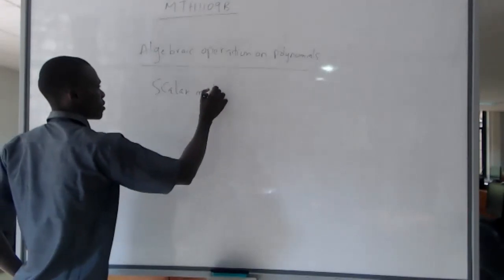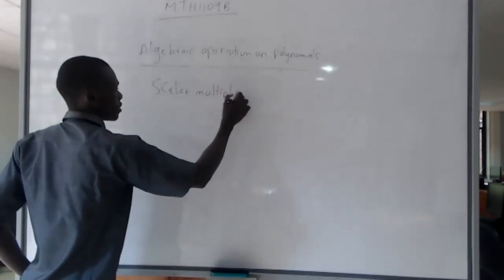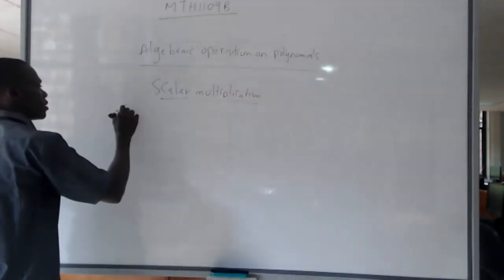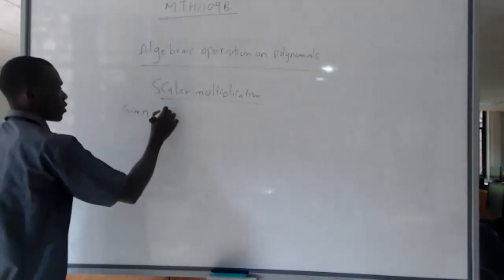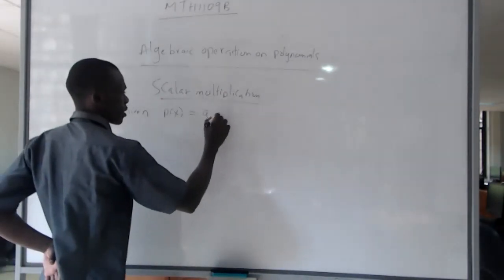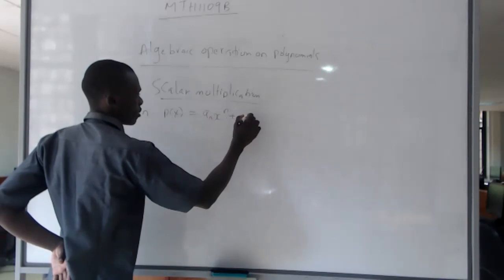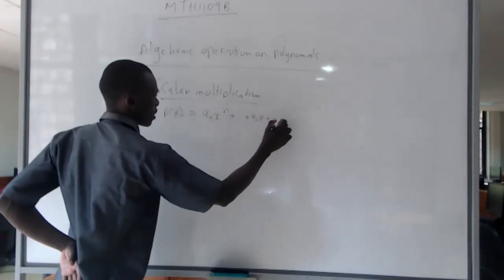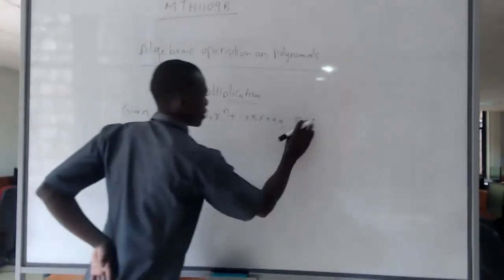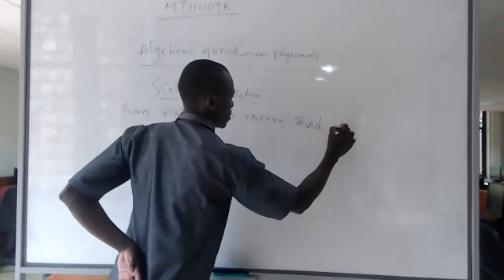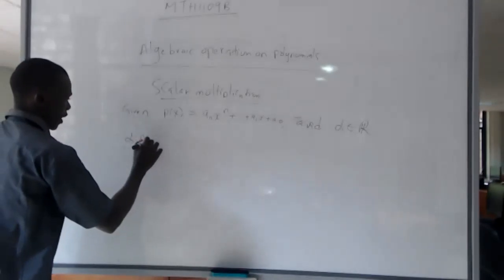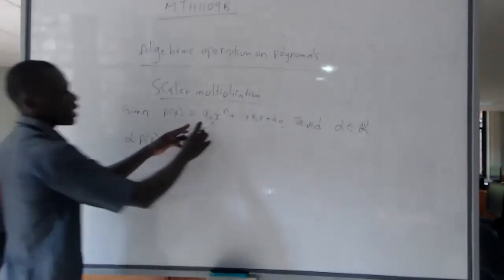Scalar multiplication. So in general, given a polynomial p of x, so let's say an x to the n plus up to a1x plus a naught, and the scalar maybe alpha, in the real line, then alpha times p of x, well, simply scale each of the coefficients.